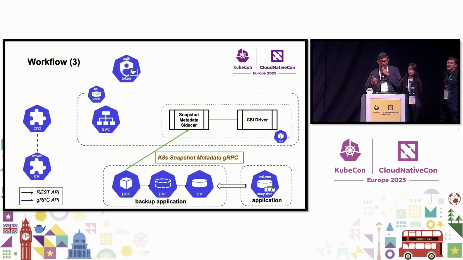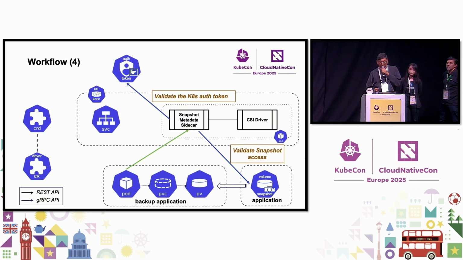Now, at this point, with the data from the CR, we have the endpoint and we have the audience string. So the backup application is now in a position to make a call to the sidecar using the Kubernetes snapshot metadata gRPC API. This is not going to the Kubernetes API server anymore. At this point, the gRPC call is one-way authentication.